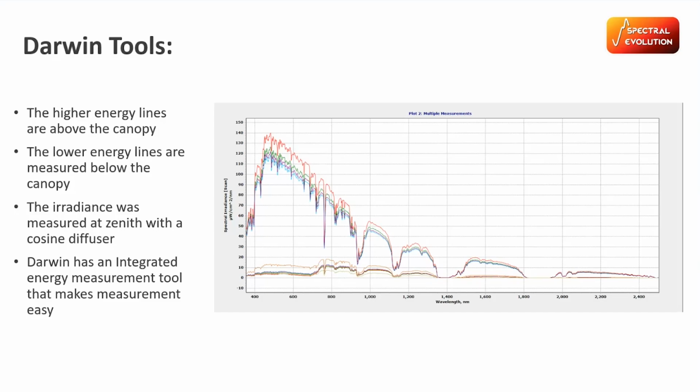So these higher energy lines are from an open field nearby where it was forested. The lower energy lines are sub-canopy. So those are measured below the canopy.